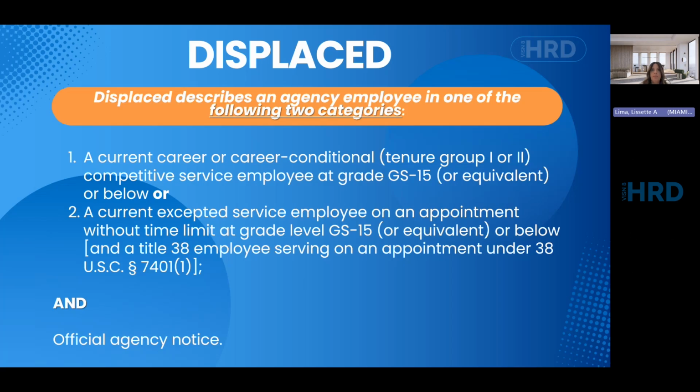So again, same kind of notice, but when we're talking about displaced, we're talking about a RIF separation notice, or a possible notice of removal due to a decline of a directed assignment or transfer of function out of the local commuting area. It could also be any of those documents. So again, not any removal, it's removal based on the declination of those assignments or transfers of function.